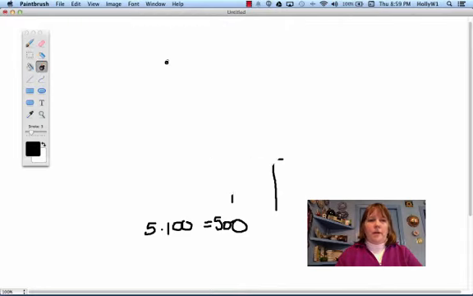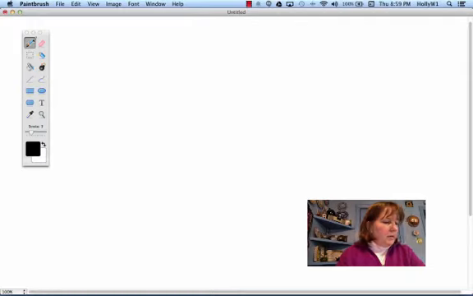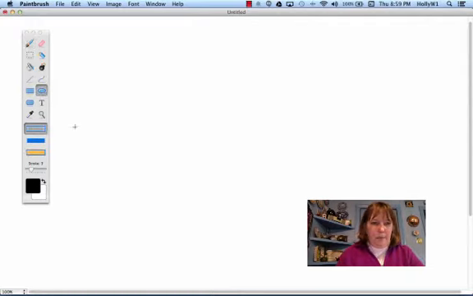Okay, let's try the Got It from the book. The Got It says that there's this little pattern where figure 1 is 1, 2, 3 circles. Figure 2 is 1, 2, 3, 4, 5, 6, which is 6 circles. So you've got your 3 original circles and then 3 more.